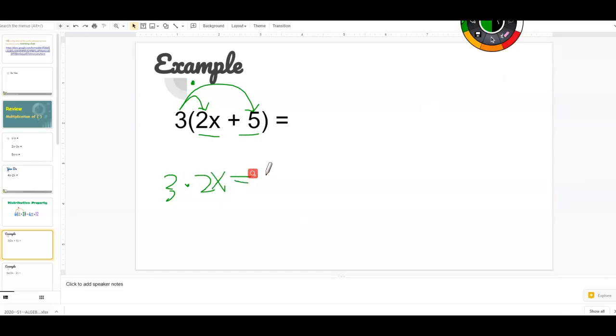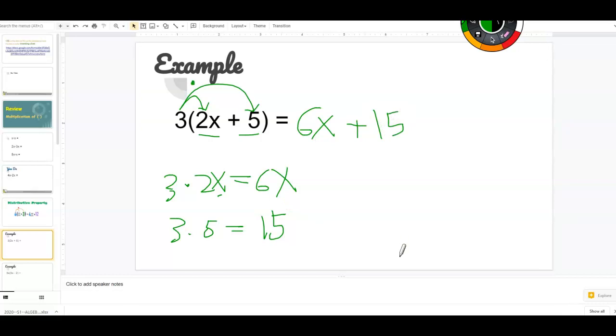Number part, 3 times 2 is 6. X part, you only have one x, no more. So it's just 6x. Second arrow, 3 times positive 5. Number part, 3 times 5 is 15. No x at all, so it's positive 15, so plus 15. And that's it.